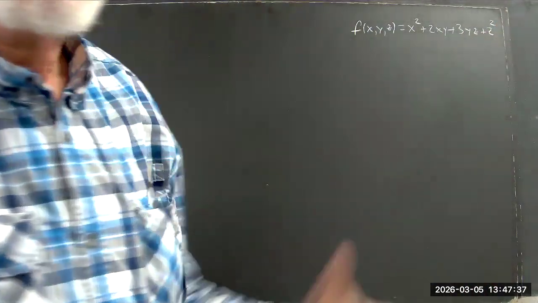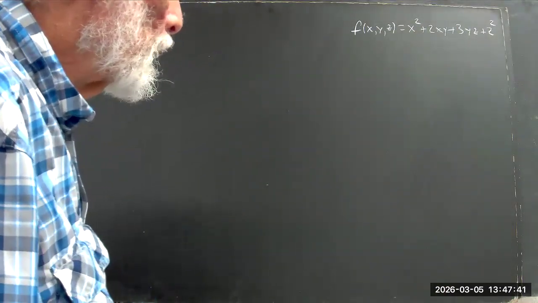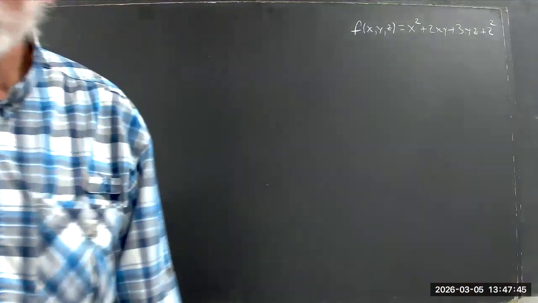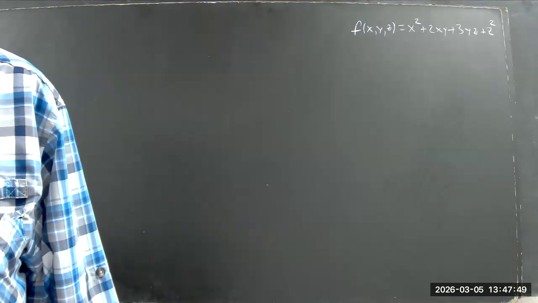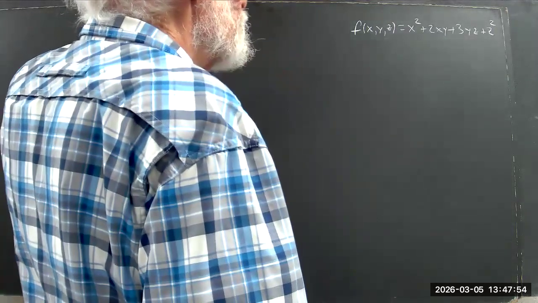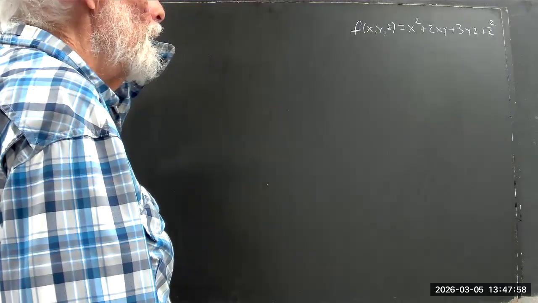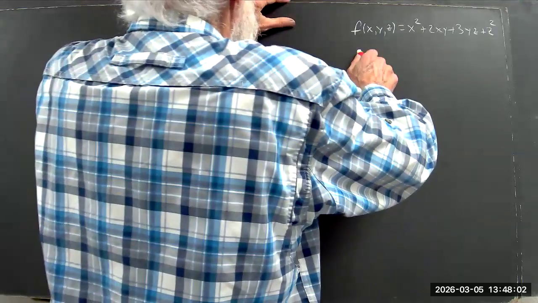Okay, just an arbitrary second-degree polynomial in x, y, z. So that is going to be a quadratic surface, but it's going to be rotated. Actually, it's probably not going to make a lot of difference here.